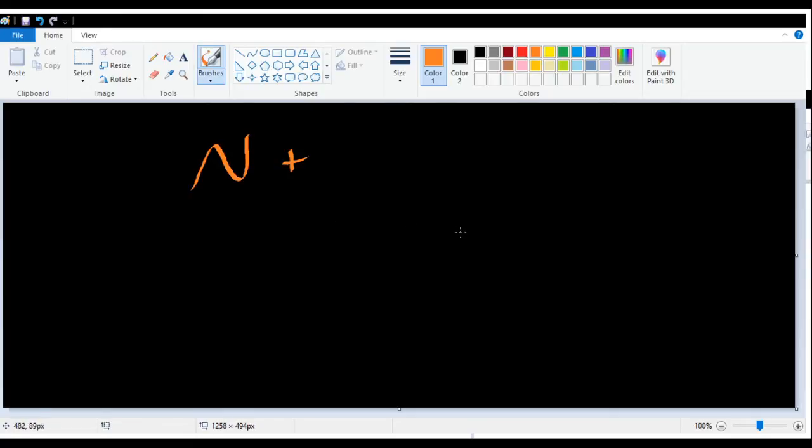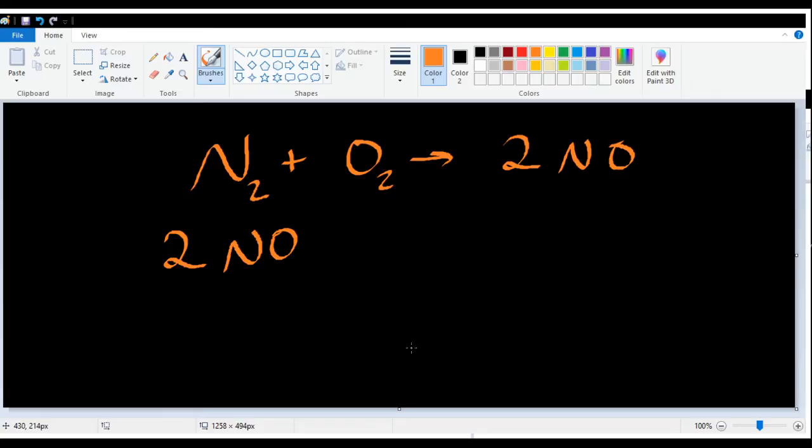Nitrogen plus oxygen yields 2 nitric oxide. 2 nitric oxide plus oxygen yields 2 nitrogen dioxide.